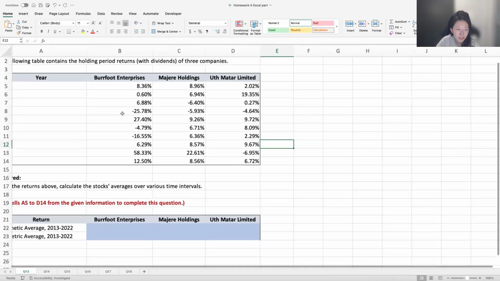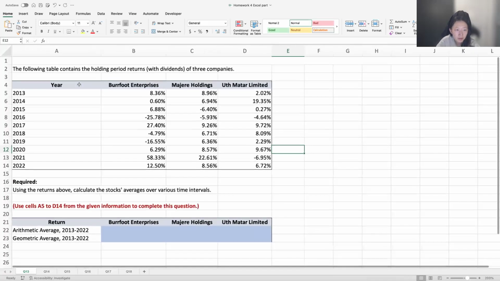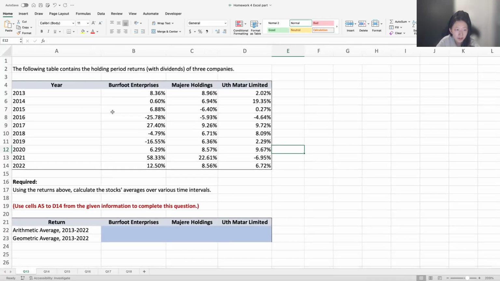So let's see. Question 13. We have following tables containing the holding period return for 3 companies, and use the return above to calculate the stock's average over various time intervals. So we're gonna calculate the arithmetic average as well as geometric average.